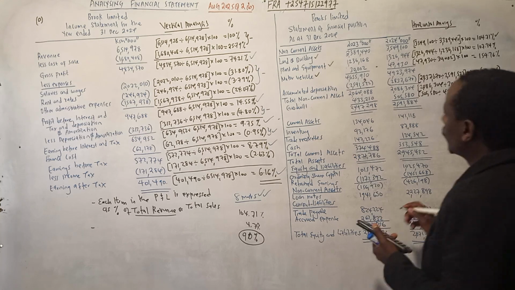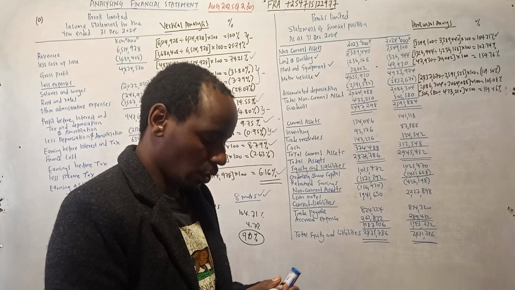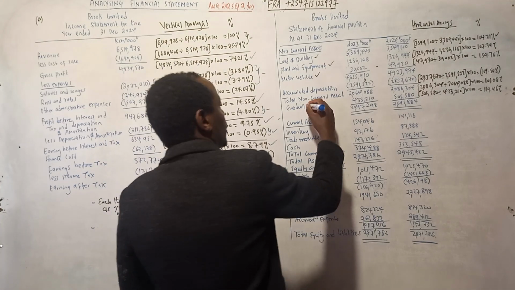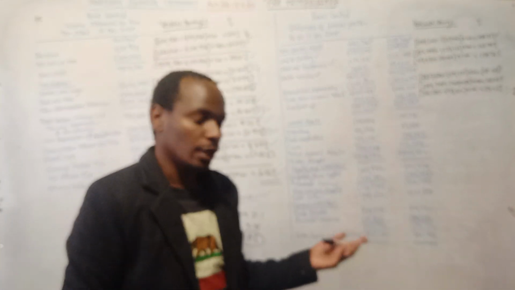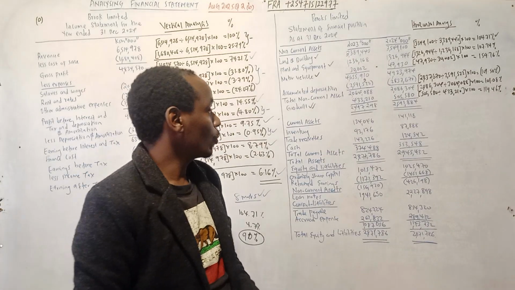Now goodwill also increased by 19%. So there was good customer relation in most cases. When you have an increment in goodwill, it means that there was good customer relation between the company and the employee, and therefore the goodwill increased by 19%. That's how you can explain it.